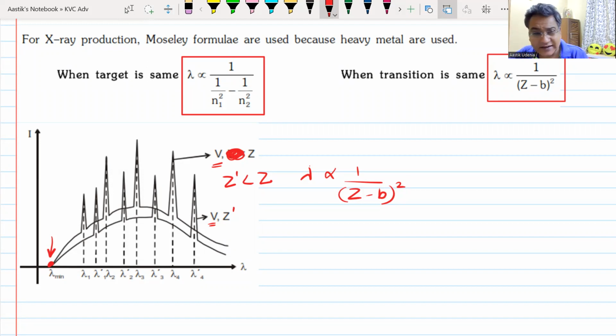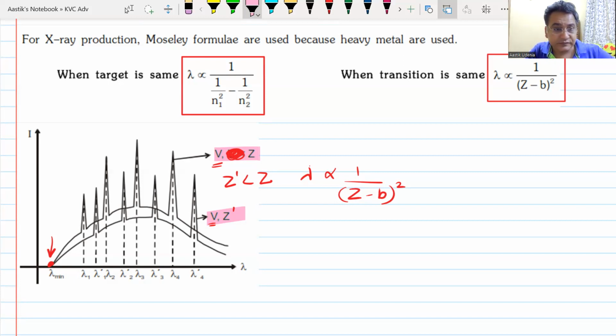If z is less, lambda will be more. Therefore, if the first one is for atomic number z and the second one is for atomic number z dash, z dash has to be less than z. Do we understand this? Yes. Because lambda is inversely proportional to z minus b whole square. Yes or no? Yes.